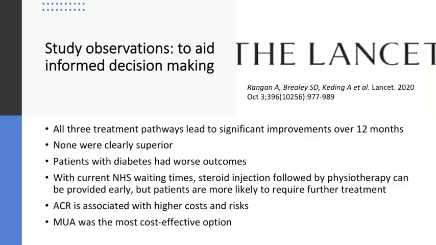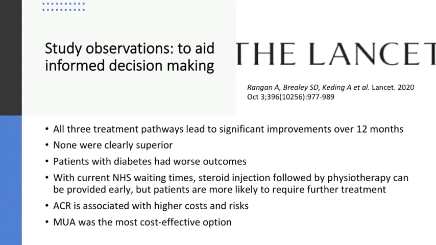These findings are published in the Lancet and are available for you to read. Our observations were, as is listed here, essentially there wasn't a clear winner. None of the treatments were clearly superior, but what we did find, as we would anecdotally find in clinical practice, is that diabetics had worse outcomes irrespective of the type of treatment they received.